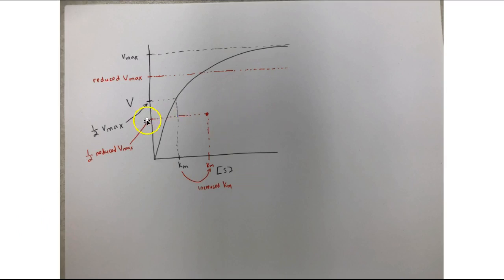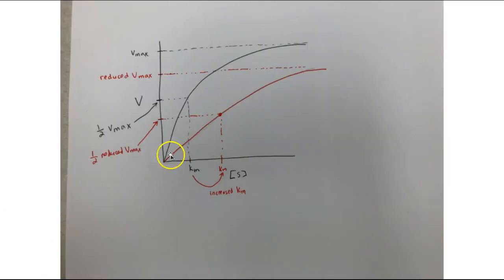And now we can plot at least one point that this curve is going to pass through. We know that the curve is going to pass through this point on the graph, that is the intersection of Km and 1/2 Vmax. And now we can draw this curve and show this curve moving through that point, plateauing at a lower level.